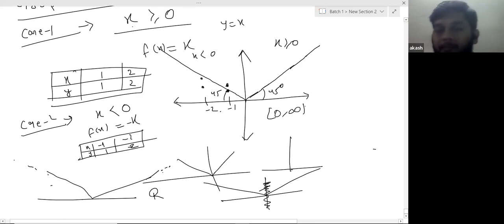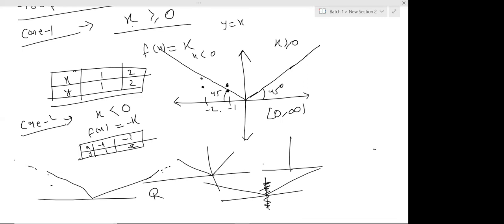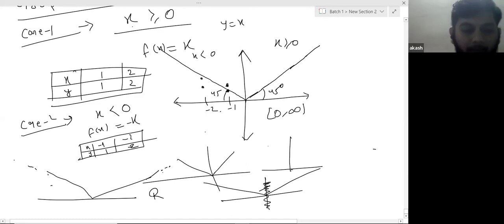Is this clear, everyone? Yes, sir. All right. Okay, draw this graph, then we'll move ahead. And remember, this is from mod x. If I put another number x minus 5 like this, some things will change, right?